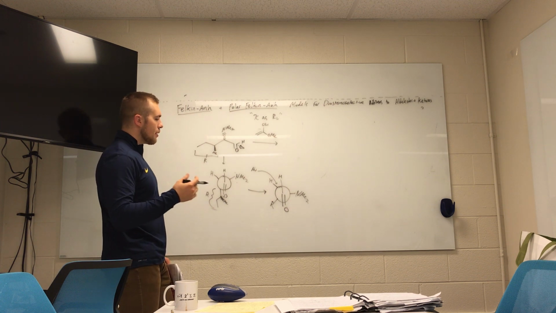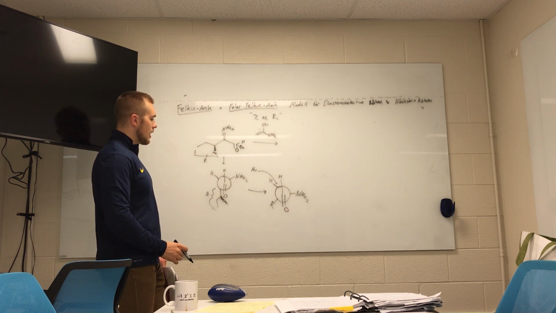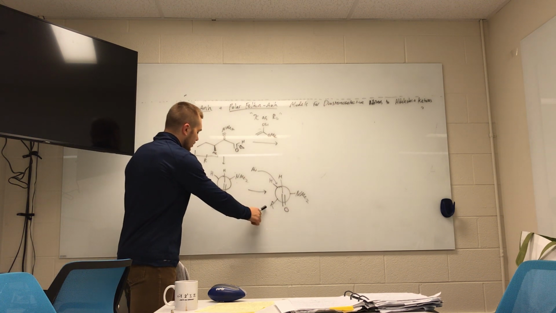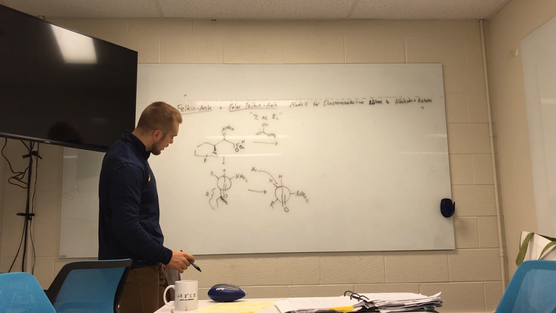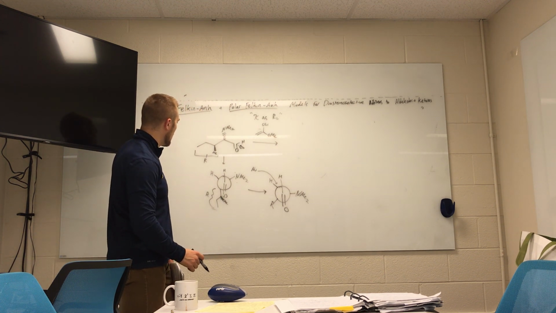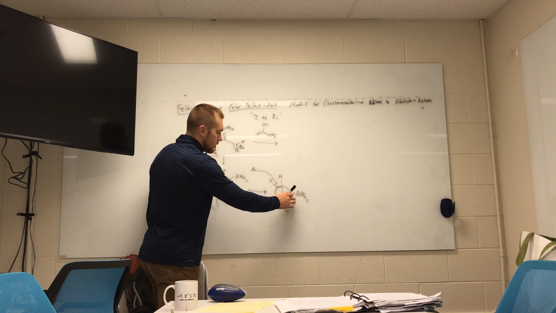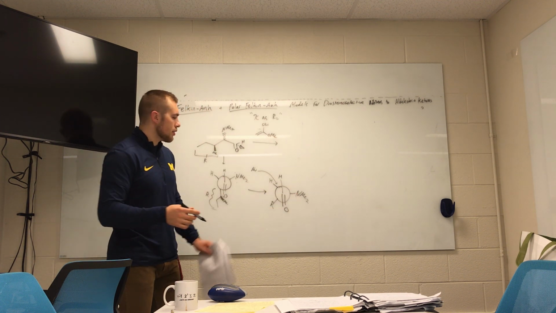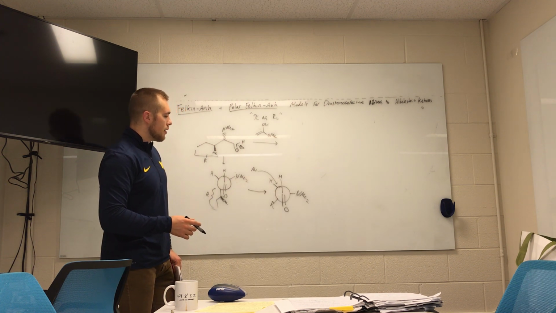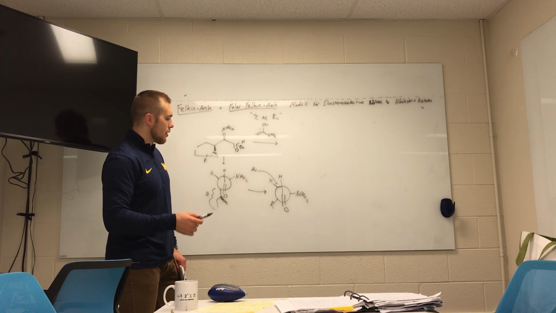Now, in the Felkin-Anh model, you might have predicted that this big R group, this sec-butyl group maybe, would be in the perpendicular position because it's going to be sterically larger than an N-methyl, a dimethyl nitrogen group.